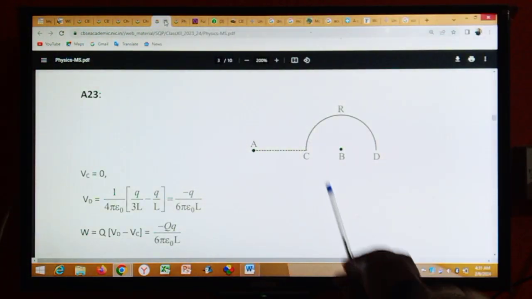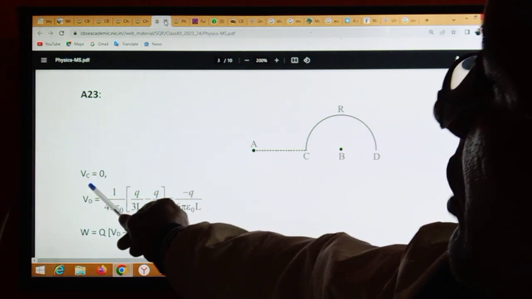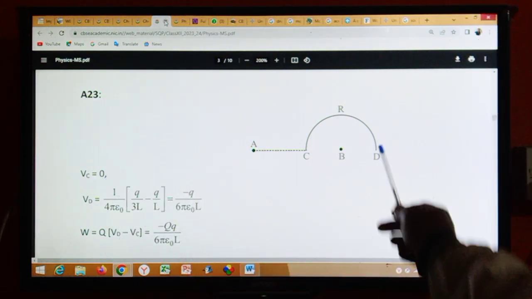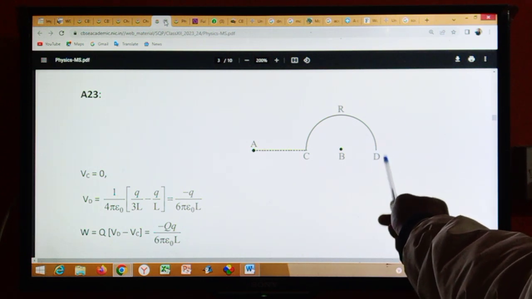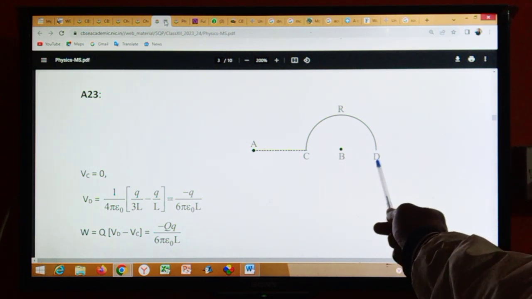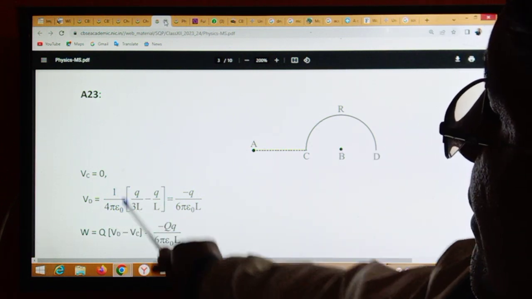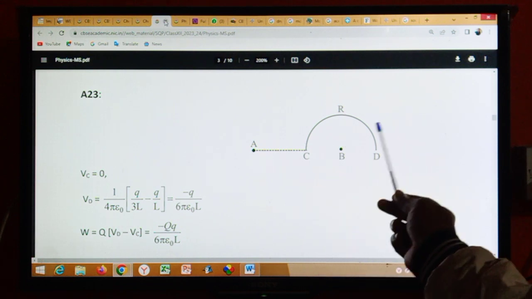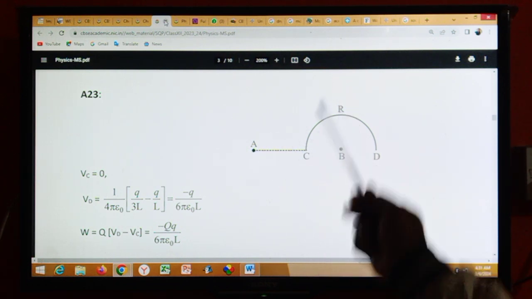Just pay attention. As we have already discussed, at point C there will be 0 potential, so Vc will be 0. Now we need to find out the net electric potential at point D. Again we apply the formula 1 upon 4 pi epsilon naught, times the electric potential contributed by plus q charge and minus q charge.